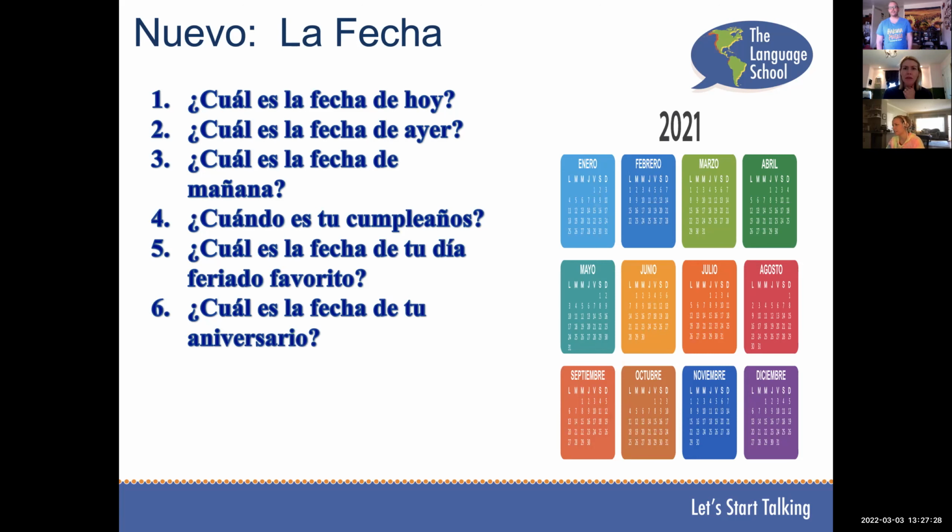Sí, día feriado is a holiday. Okay. So it's the date of your favorite holiday. La fecha de mi día feriado es el 25 de diciembre. Muy bien.